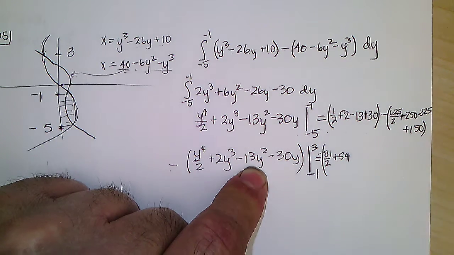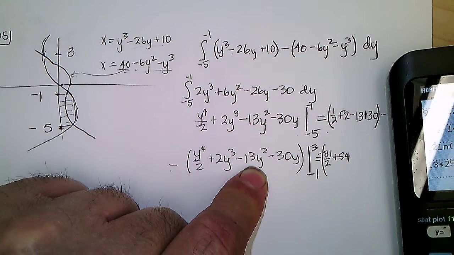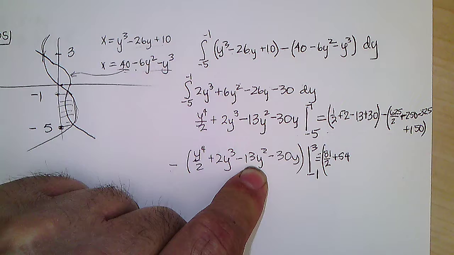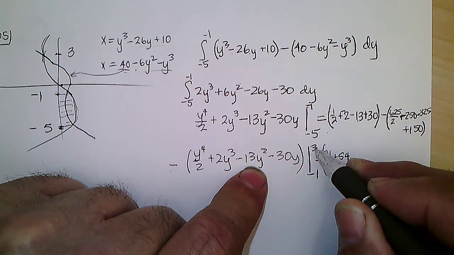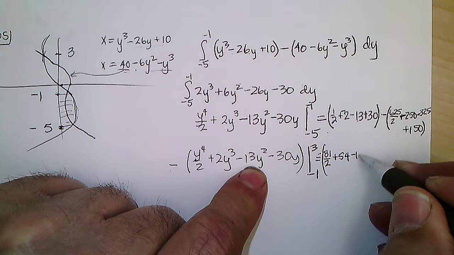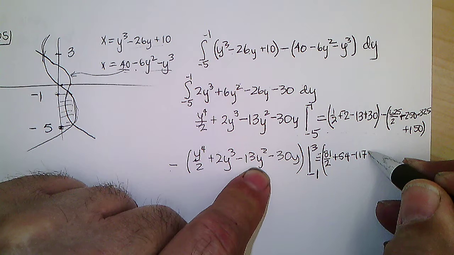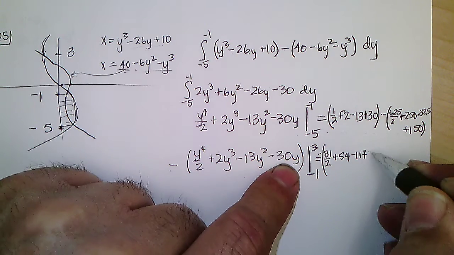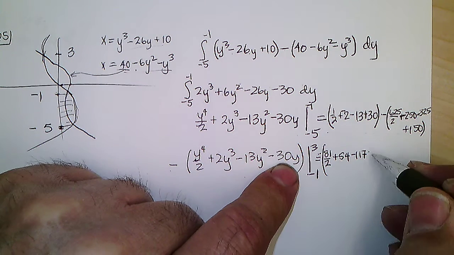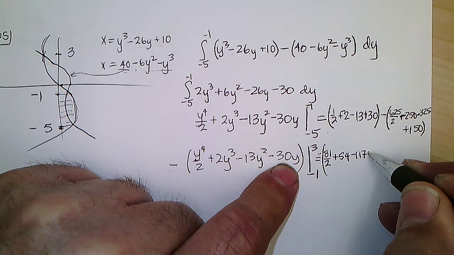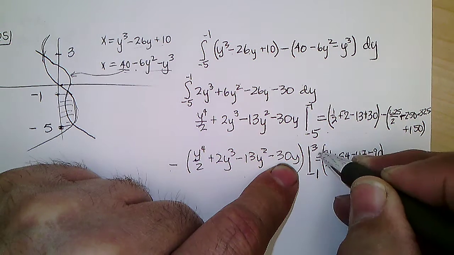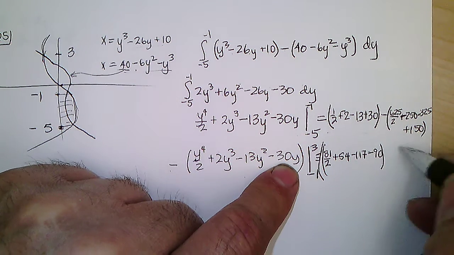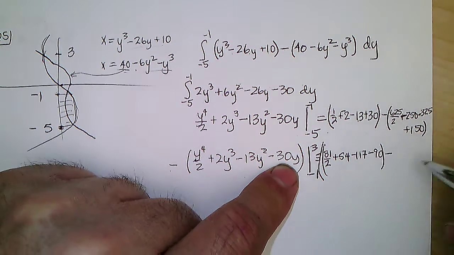And 9 times 13, 130 minus 13, 117. 1 minus 117, minus 90. And this minus is times all this, so I got to put another parenthesis here, then minus.